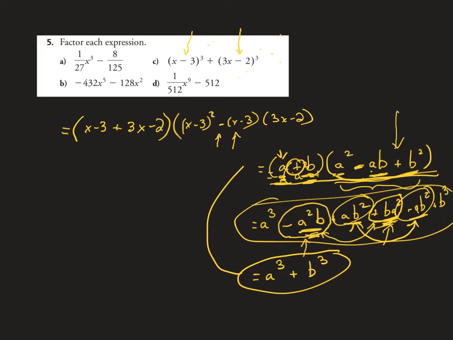And last but not least, you have to do plus b squared. So that's 3x minus 2 squared. And close our bracket. Boom. There we go.